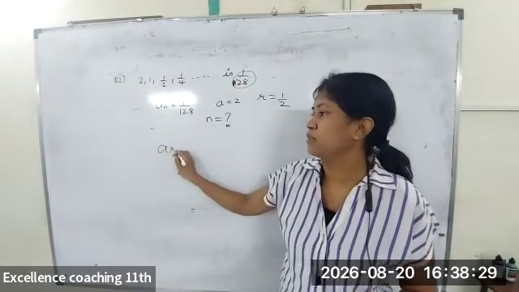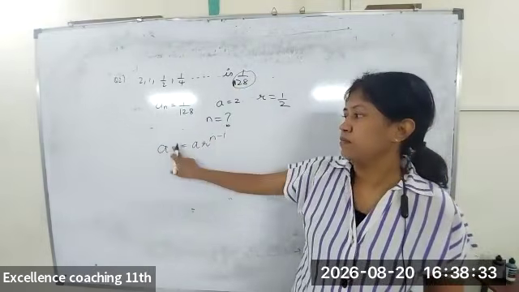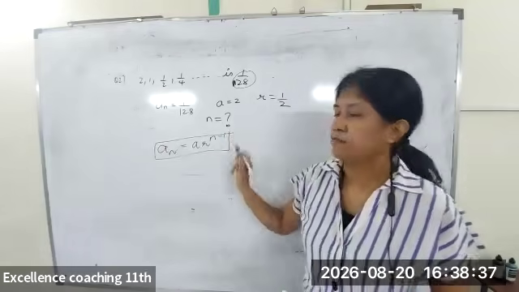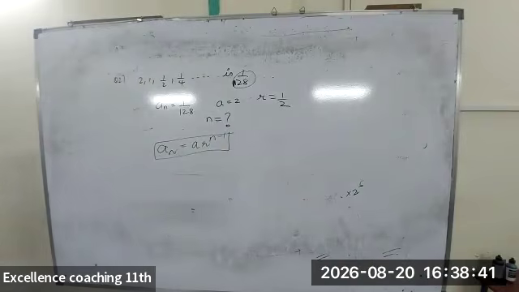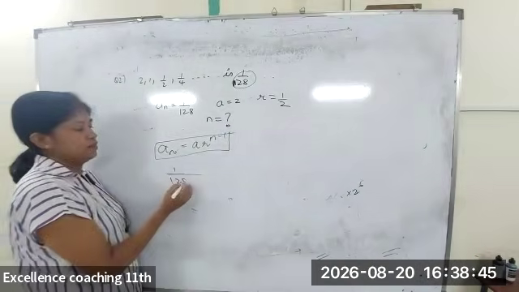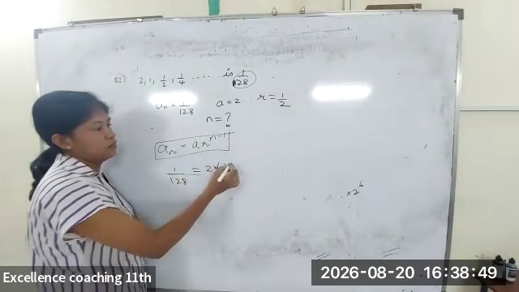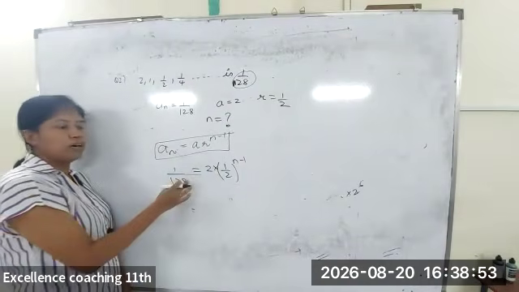Write a formula and substitute. We don't know this value. 2 will go down here.